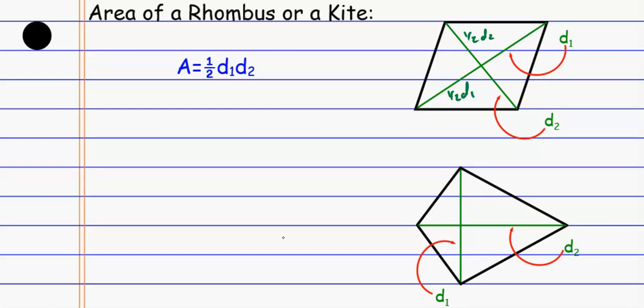And if you think about the area of just this triangle, it's 1/2 the base times the height, which is half of diagonal 2. And so when you think about the area of this triangle, what you get is 1/8 diagonal 1 times diagonal 2. But I have 4 of those triangles, so times 4 gives me 1/2 diagonal 1 times diagonal 2.